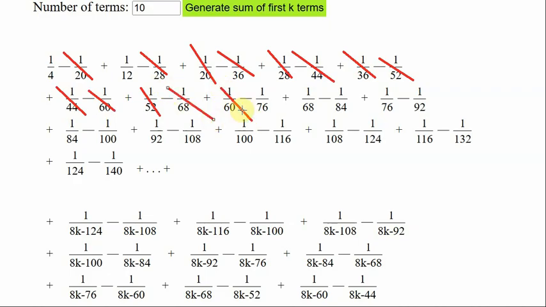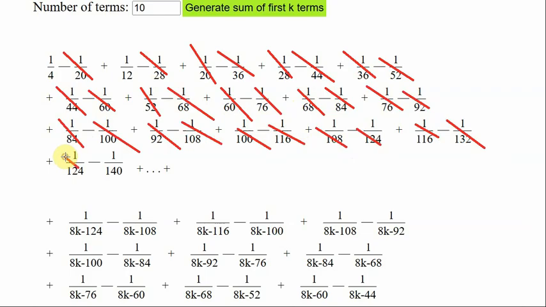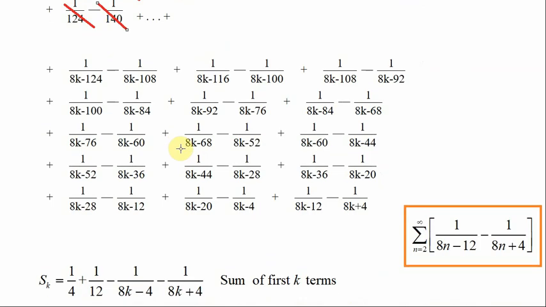And so eventually we can see that all these terms will get cancelled and drop out. And what's left is just the 1 over 4 and the 1 over 12. And then down here we can see that the 1 over 8k minus 20 terms will get cancelled.